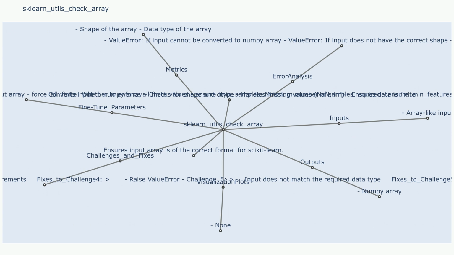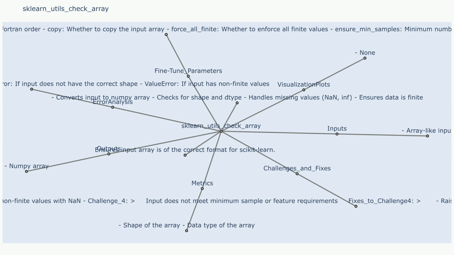Challenge 5: input data with a sparse format that is not supported. Sample use case that resulted in challenge 5: using a sparse matrix with a format not supported by the scikit-learn model. Fixes to challenge 5: ensure that the sparse matrix format is supported by the scikit-learn model, or convert the sparse matrix to a different format.